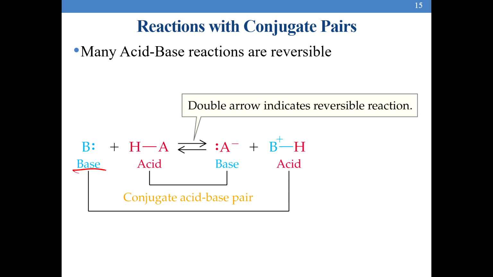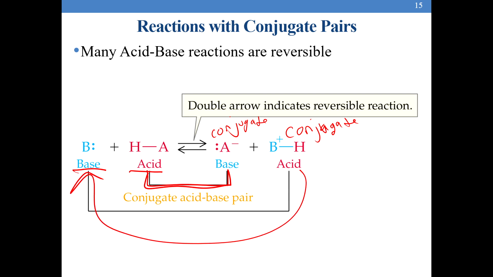So here's your base, here's your acid, okay? And if you want to just make a note, the acid is paired in these black lines below with its corresponding conjugate. So I would put a little conjugate up here to make it clear. That's the conjugate base. A negative is the conjugate base of the acid HA, and this on the far right is the conjugate acid of this corresponding blue base on the reactant side.